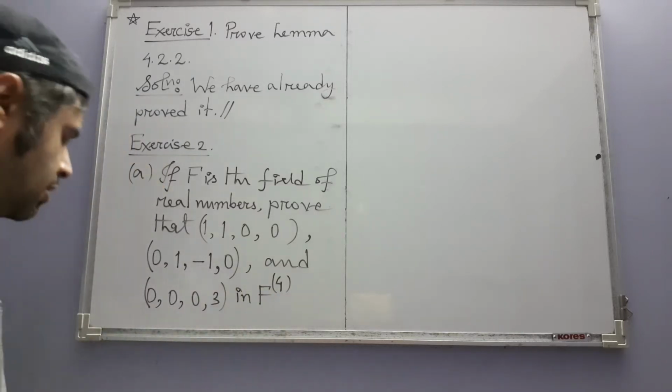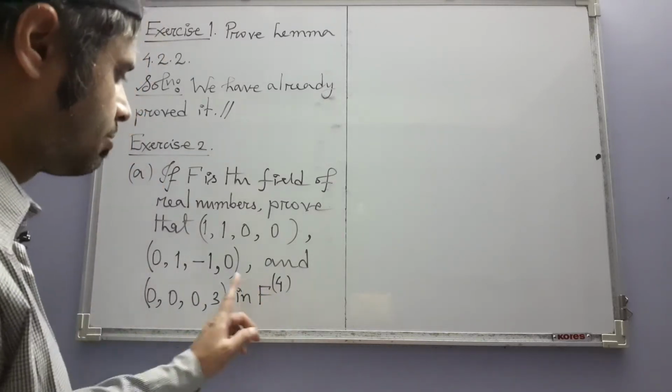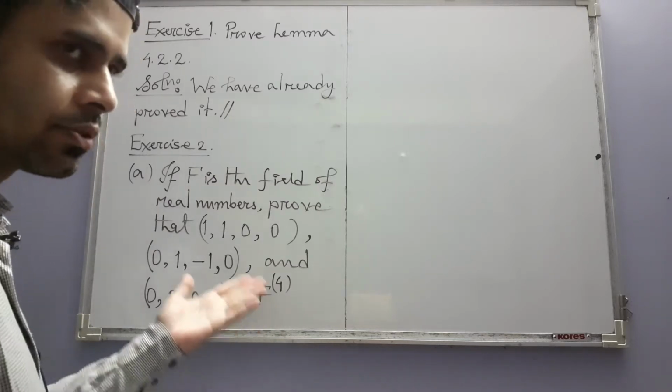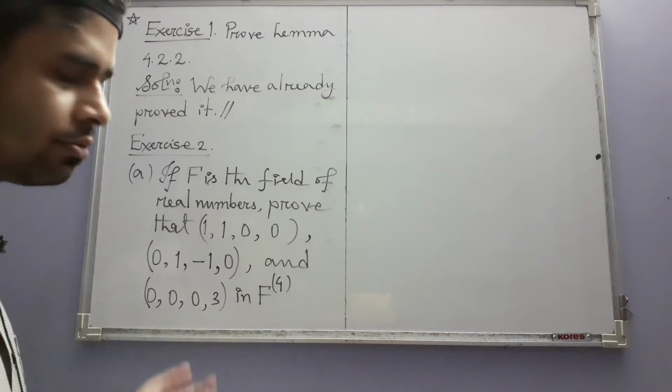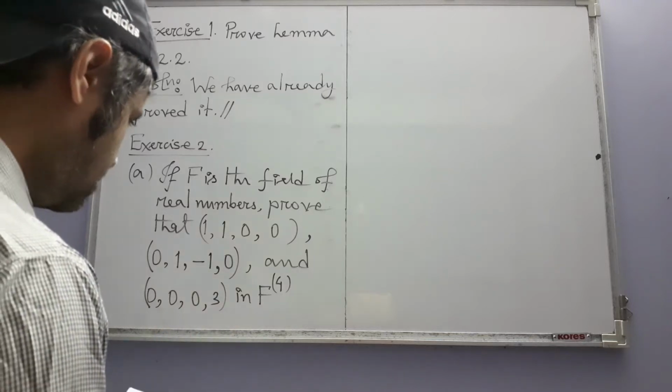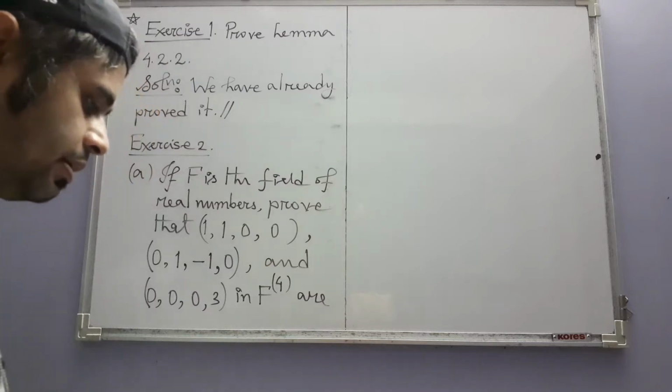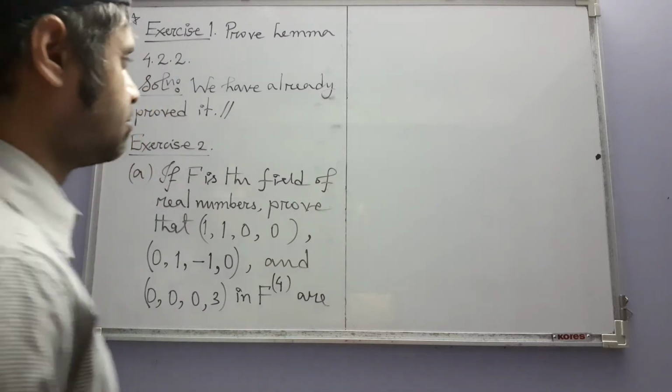In this space, the space of four tuples of elements in this field, where this of course for us now is the field of real numbers. These are linearly independent over F.